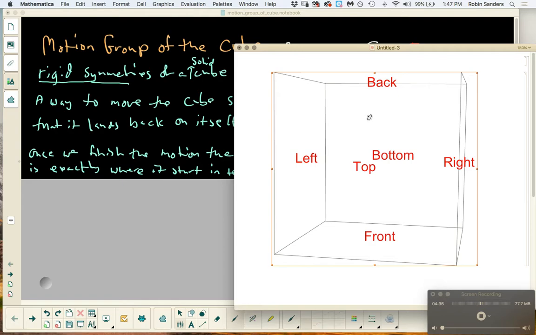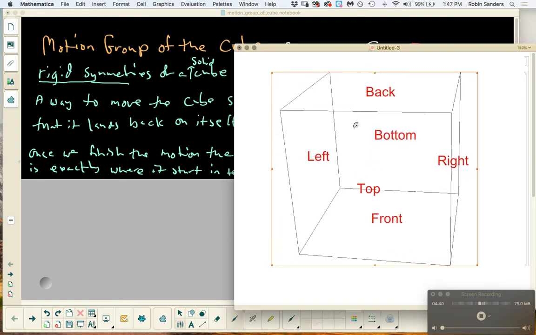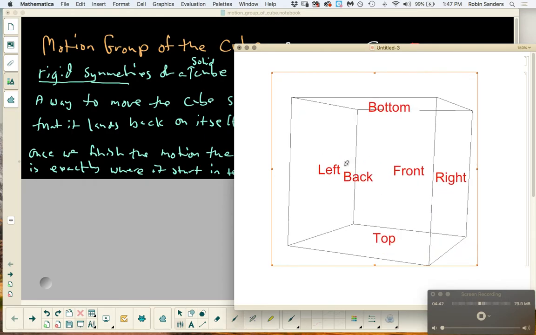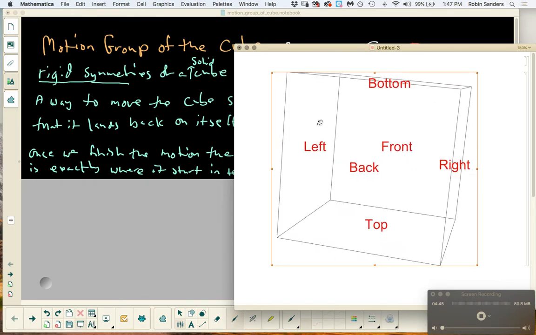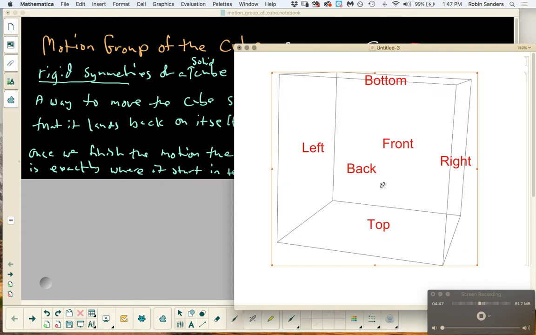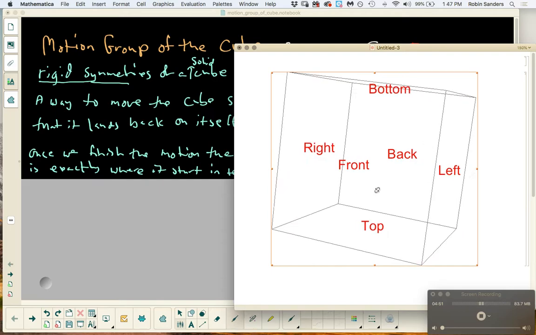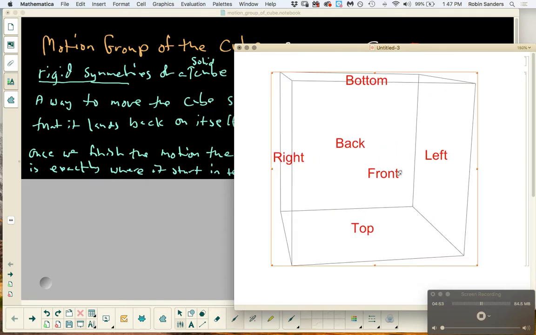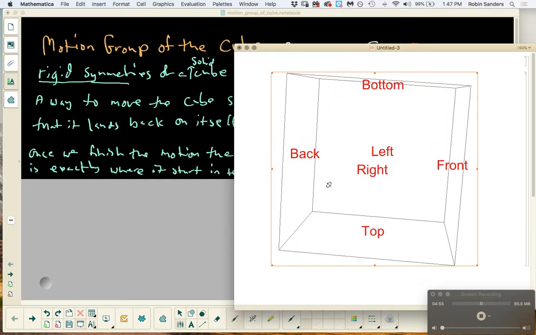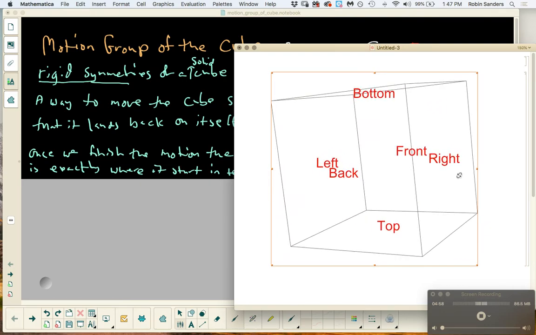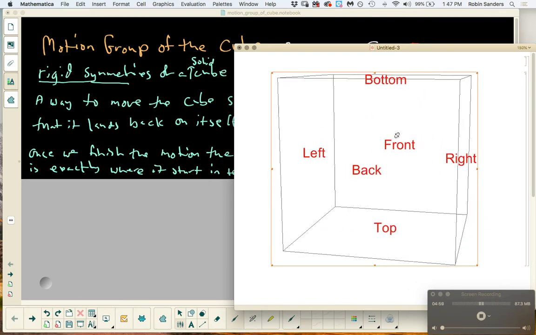So there are 4 different rotations once I have that back side on top. The same thing happens if I put the bottom side on front: my 0-degree rotation, my 90-degree rotation, my 180-degree rotation, my 270-degree rotation. A 360-degree rotation is the same as not rotating at all.